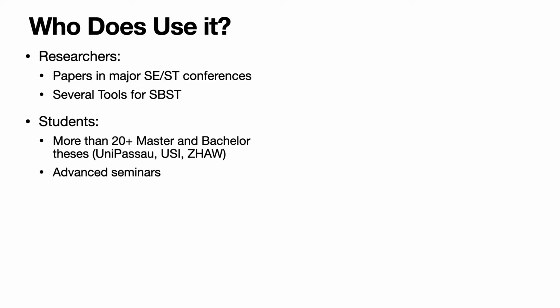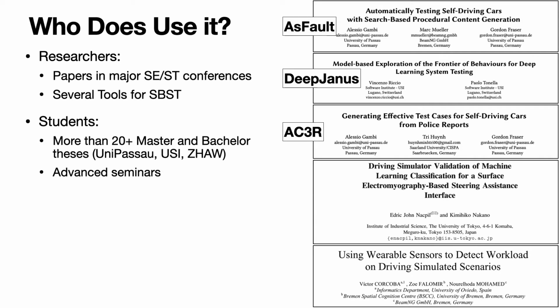To give you an understanding of why we are using BeamNG.tech as a simulator for generating simulation-based tests for self-driving cars, let's look at who's using it. So far, there are a number of papers published in major software engineering and software testing conferences, including ESEC/FSE and ISSTA, and several tools that rely on this simulator for search-based testing.